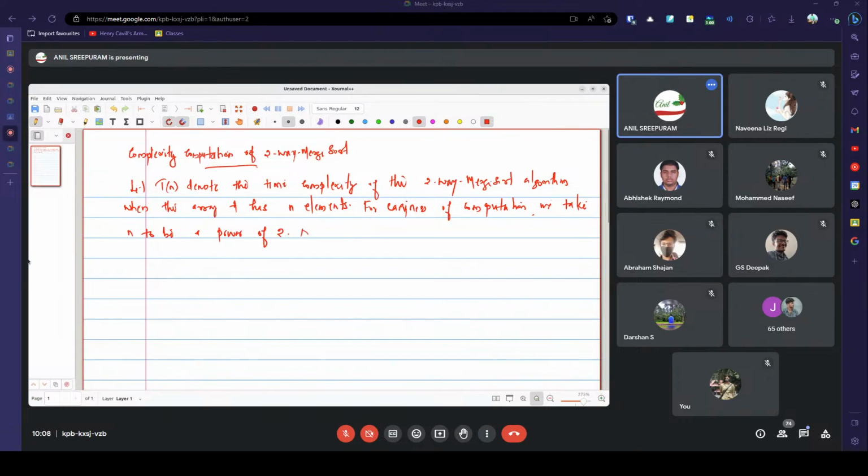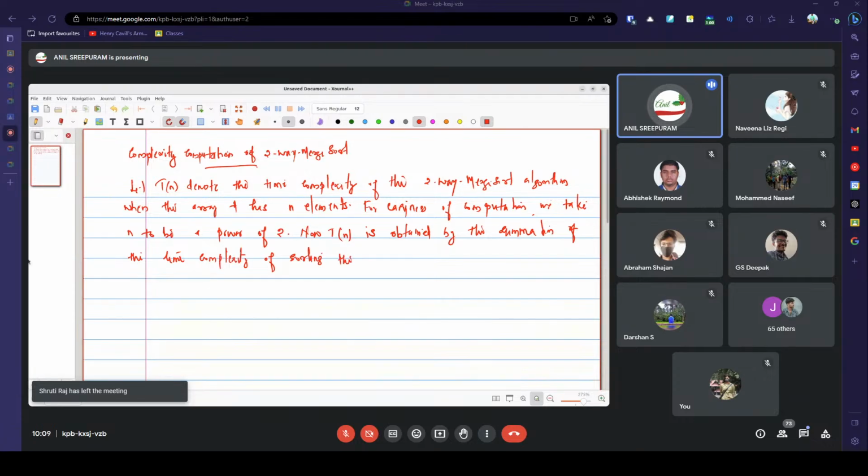Now the total time complexity Tn is obtained by the summation of the time complexity of sorting the first half of A having n by 2 elements, and the time complexity.